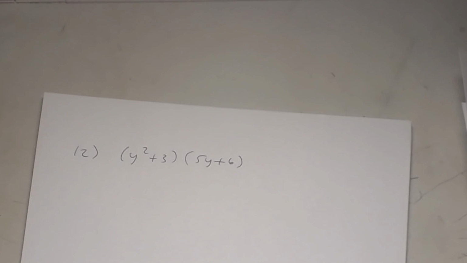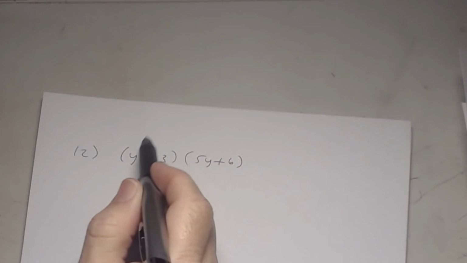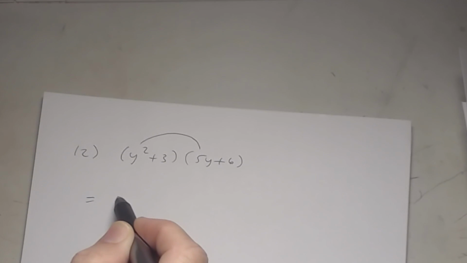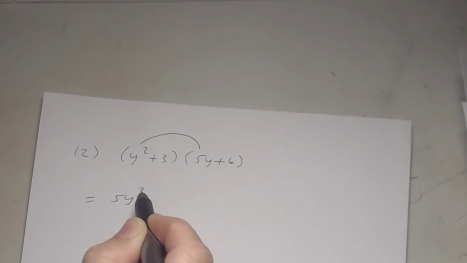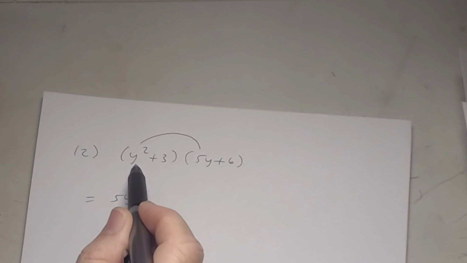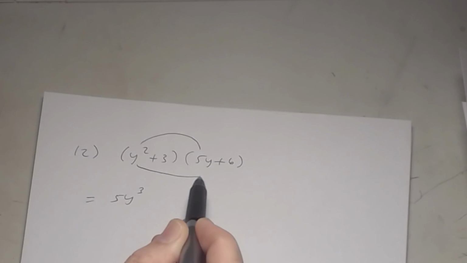Okay, so FOIL method. First times first. So let's do the first term of each binomial. What are the first terms of each binomial? Y squared and a 5y. So what do you get? 5y to the third. Okay, now the outer. What are the outside terms? Y squared and what else? 6.